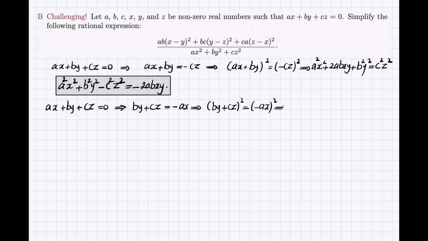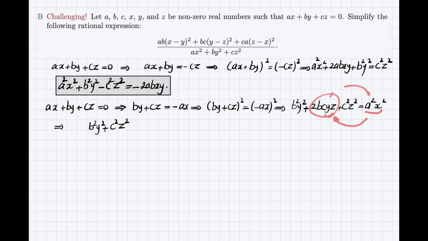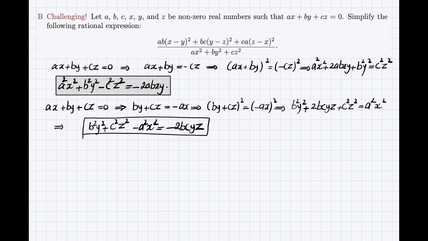And then I would write the first one to the 2 plus 2 times the first one times the second one plus the second one to the 2, and on the right hand side I will have a squared x squared, and for the same reason I write b squared y squared, I keep c squared z squared, and I move this one to the left and then this one to the right. So then it becomes minus a squared x squared is equal to minus 2bcyz. So this is also one expression that I immediately get from here.